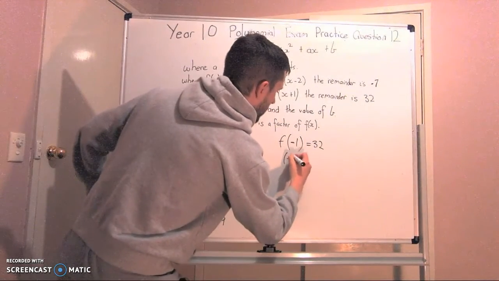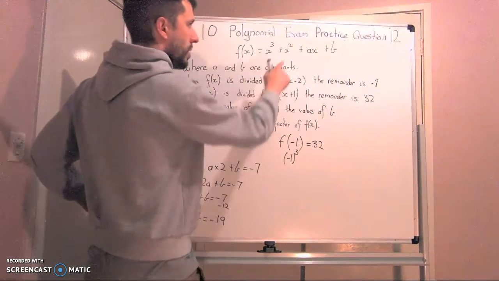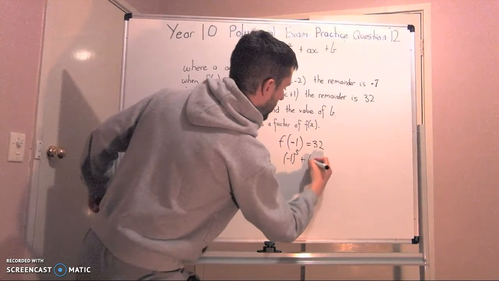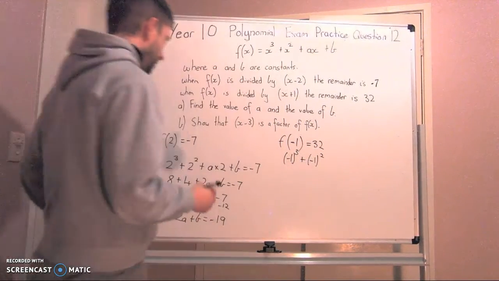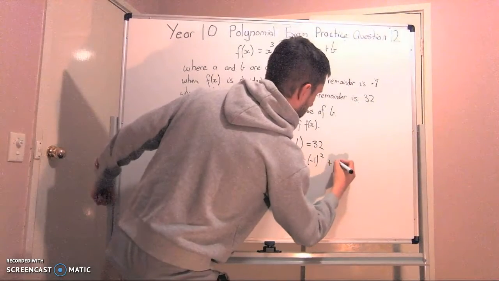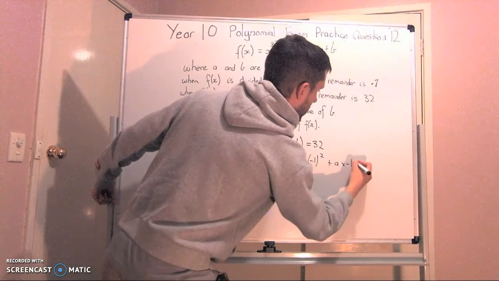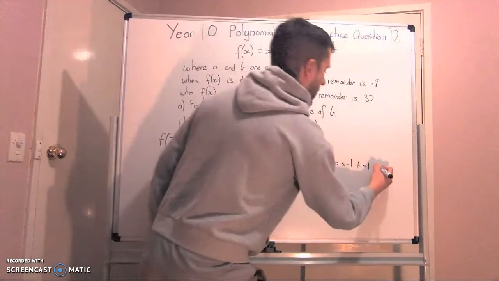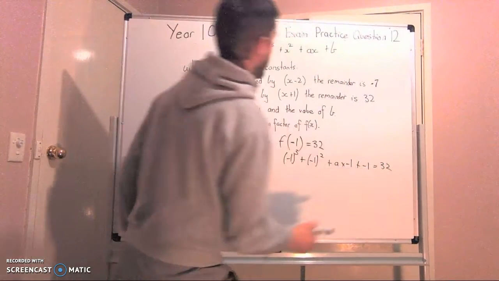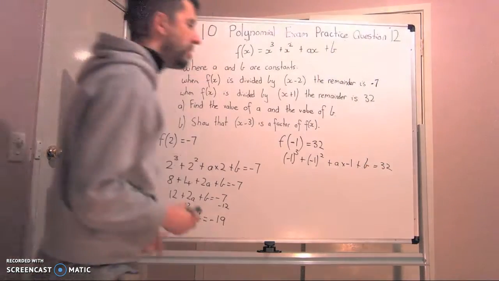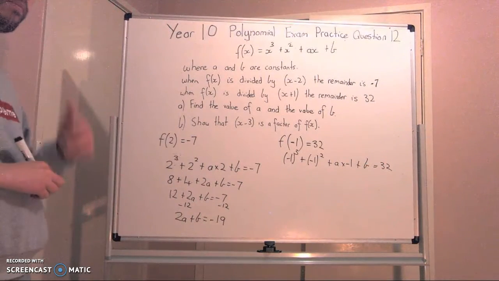So I've got negative 1 to the power of 3, x is squared, so plus negative 1 squared plus a times negative 1 plus b, and that's equal to 32.